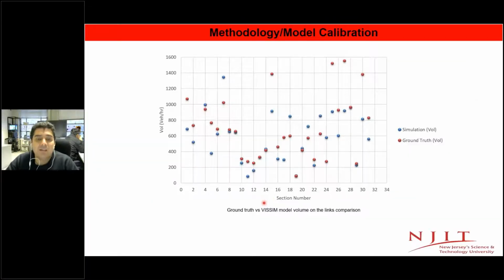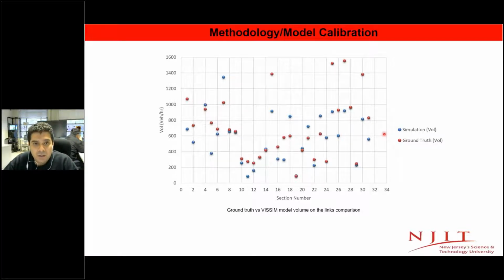As we started with a very rough and unrealistic seed matrix, we need to know how compatible our model is with real-world circumstances. So we compared the ground truth volumes on the links with the volumes coming from our model.